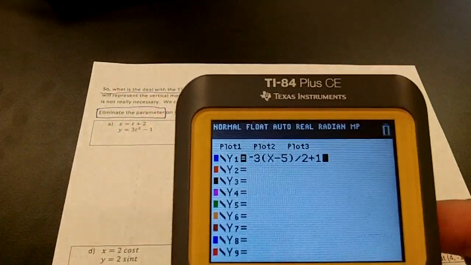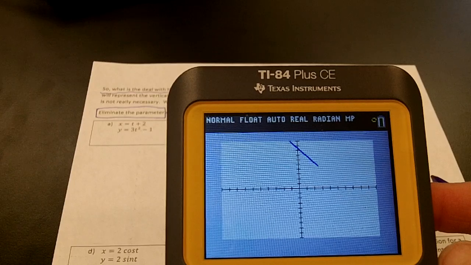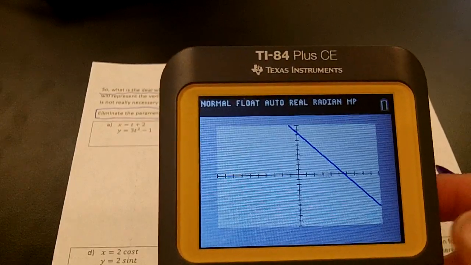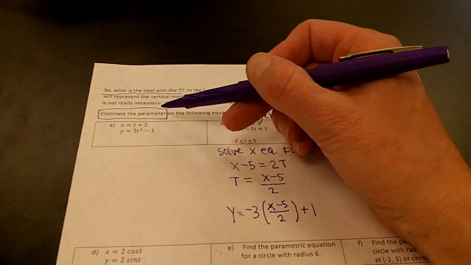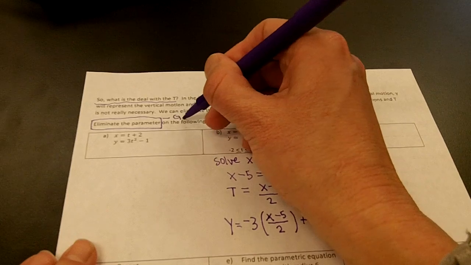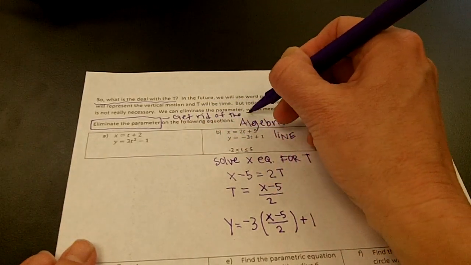It's going to look exactly the same as it did in parametric mode. So those two things are the same. All we did was eliminate the parameter, which is a fancy way of saying get rid of the t.